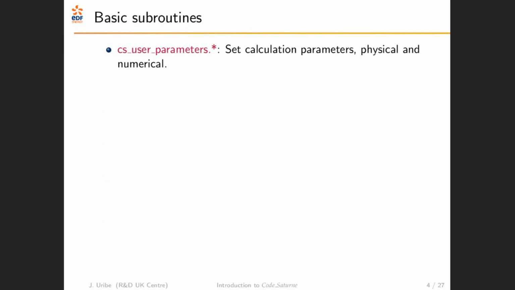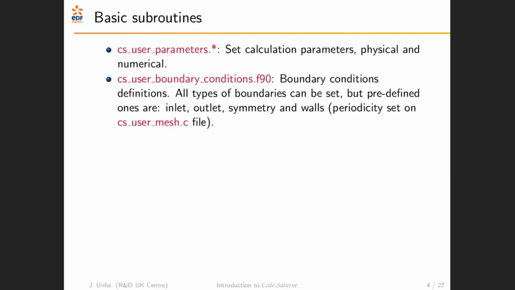So some of the basic subroutines that we have in Code Saturn, I'll list them here. The first one is cs_user_parameters. There are two versions at the moment, the C part and the Fortran part. Originally, as I said before, the whole code was written in Fortran, and now it's slowly moving into C. So that's why you have some functions that are in cs_user_parameters Fortran, and another one that is in cs_user_parameters.c.